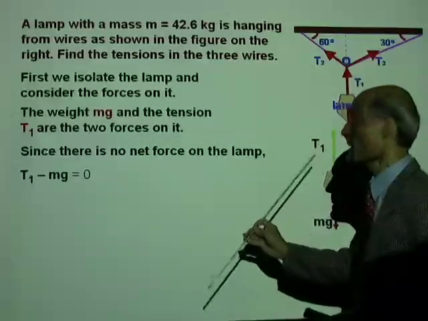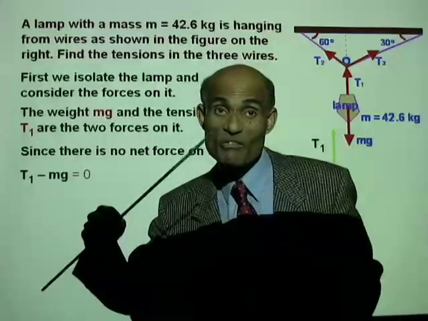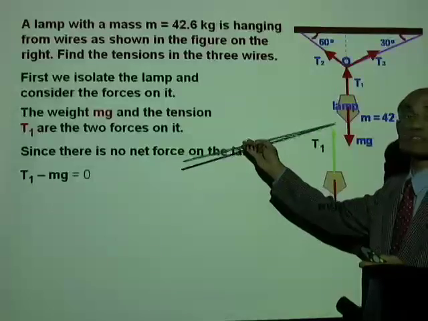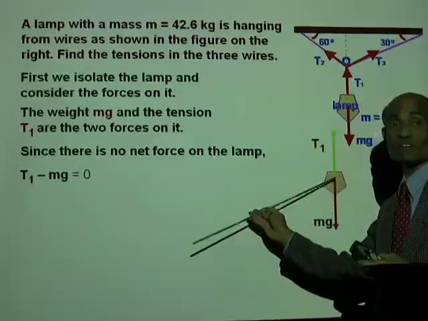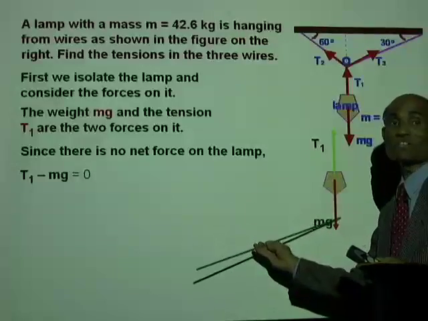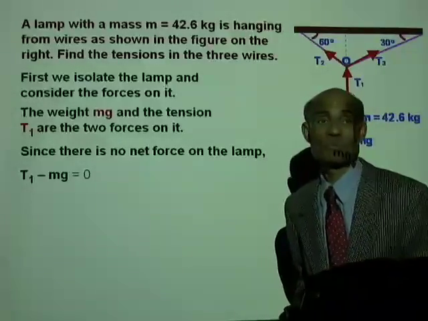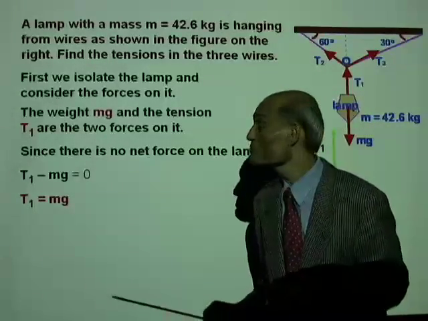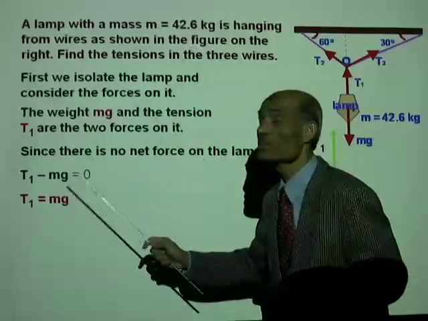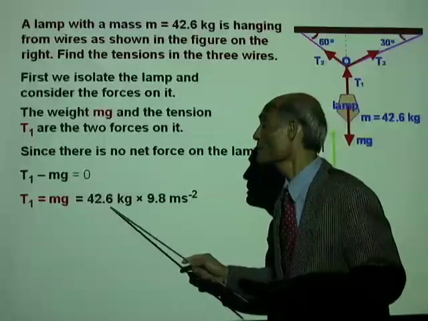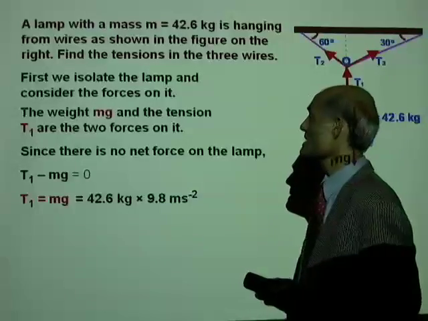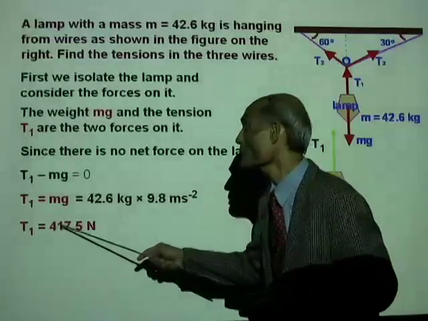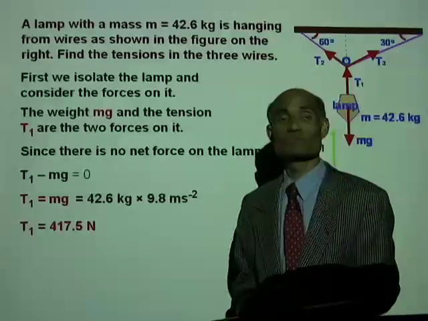Is that right? Now remember, when you write equations, they are vectors, so you need to use the proper sign. T1 is a positive vector, mg is a negative vector, so that will be T1 minus mg equal to 0. And that gives you T1 right away. T1 equal to mg. We know m, we know the value of g. That will be 42.6 kilogram times 9.8 meter per second squared, and that is 417.5 Newton.